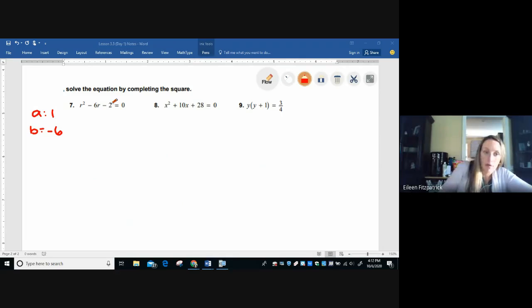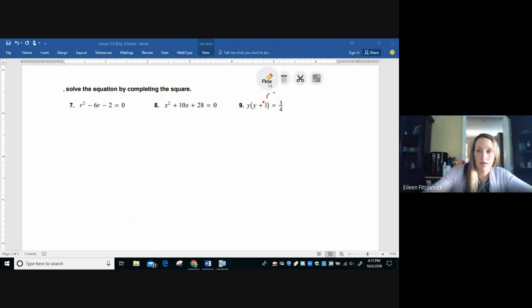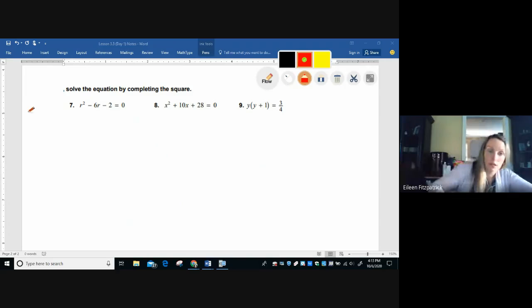I'm going to move this current C to the other side and set it up for completing the square process. So I'm going to move it by addition. So add a 2 to both sides. This is fun. Let's try this again. A equals 1, B equals negative 6.